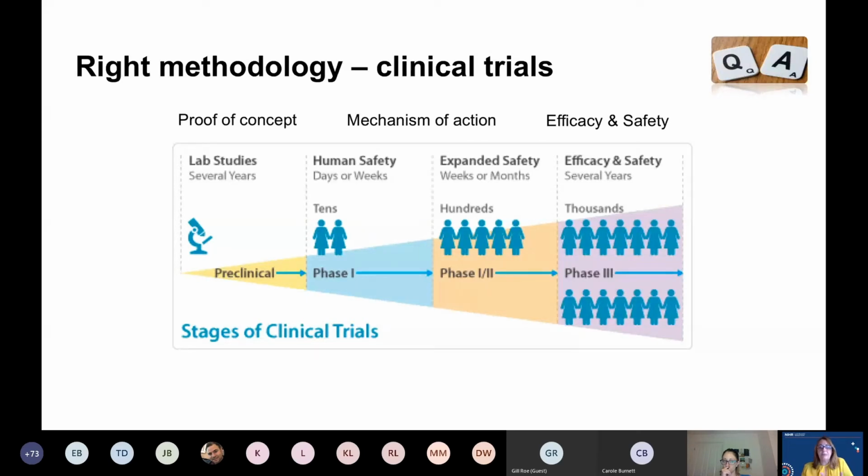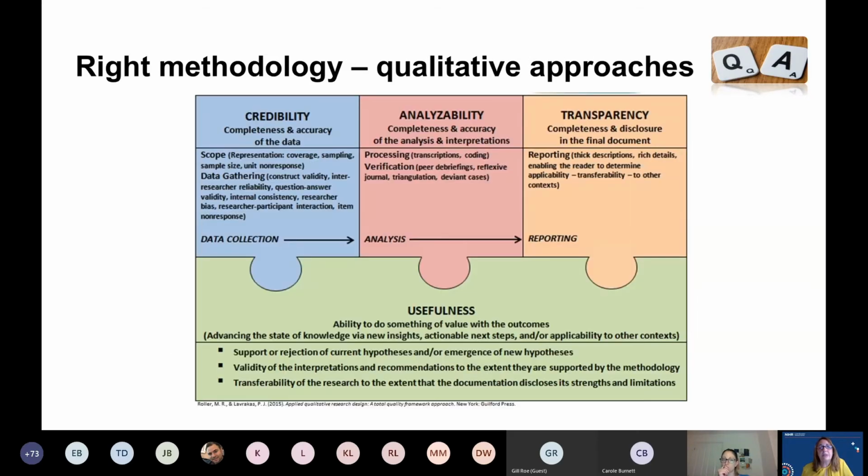So there's human safety and expanded safety, and then it's around the efficacy, clinical and economic efficacy. And it's important that you know the different rules of engagement for things like clinical trials, and there's a wide range of literature to assist in that.